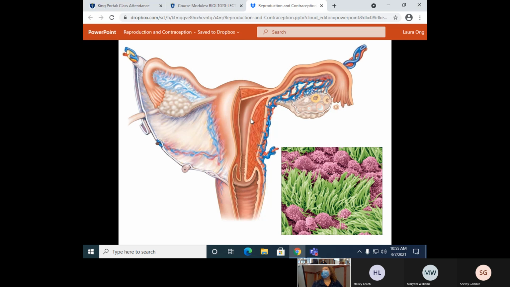Or if it's something like this structure produces fluid currents that help an oocyte move, what's doing that? What's producing fluid currents on all of this? The ciliated cells. And so what you need to do is find where that happens and write the letter on the diagram.